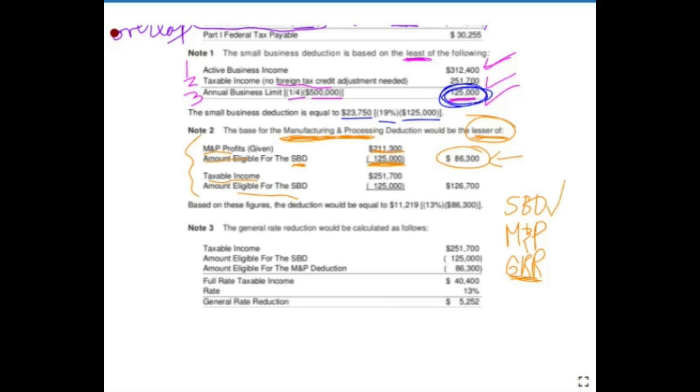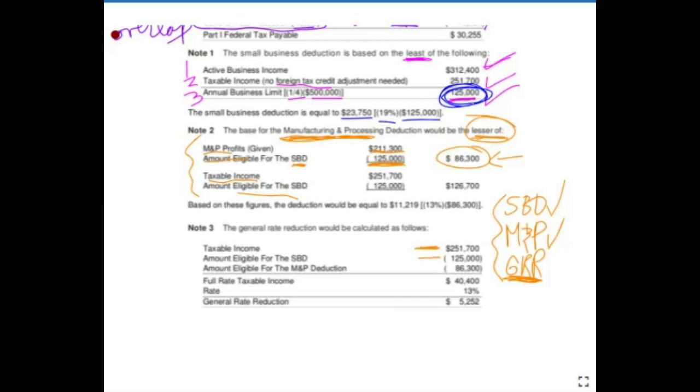So you have to do this little calculation. 1, we did small business deduction. 2, we do this little one for M&P. Now, when we get all the way to the end, to the GRR, because again, we can't double dip on these three, we're going to use the GRR on whatever's left. So our taxable income that we're working with, our base number is 251.7.